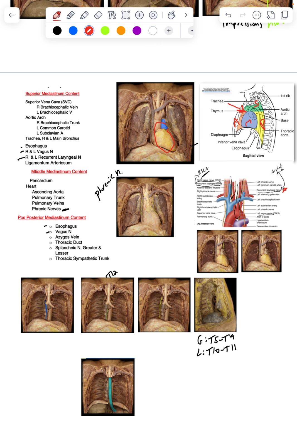So at the heart level, we have this ascending aorta. We have this pulmonary trunk. Pulmonary veins are going to be on the back of the heart, but still in that middle mediastinum. So it's still technically middle mediastinum. They're located at the left atrium.